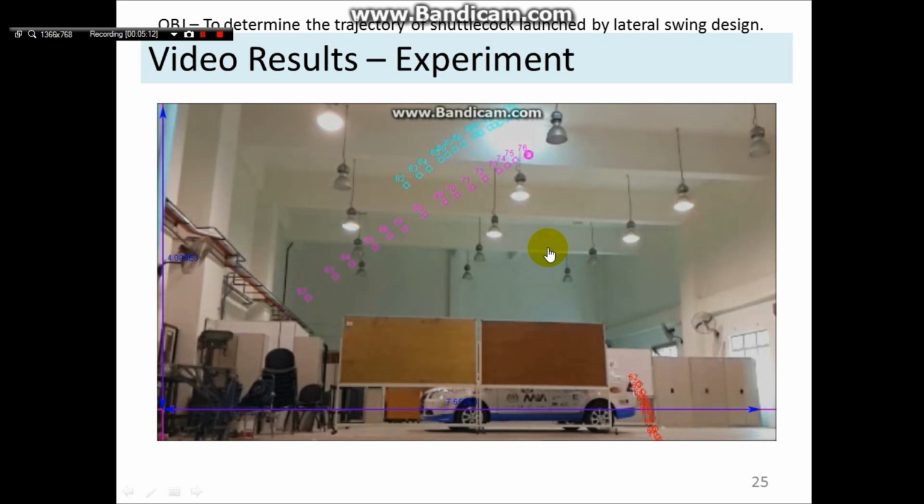It will track the trajectory of the shuttlecock during the operation. We can see the machine is set to the same speed and angles. However, the shuttlecock launched to different directions, different locations and different heights.